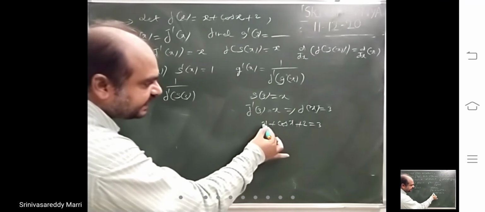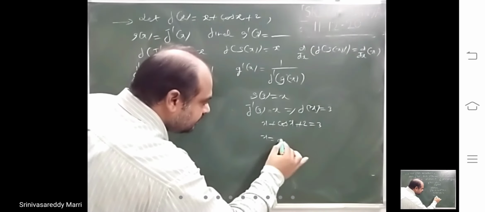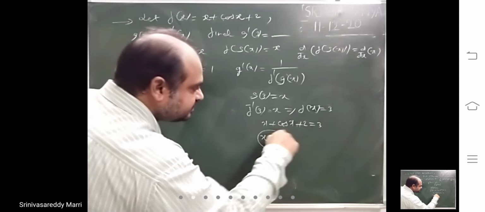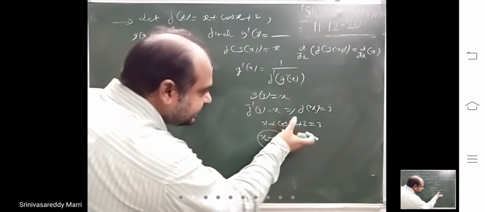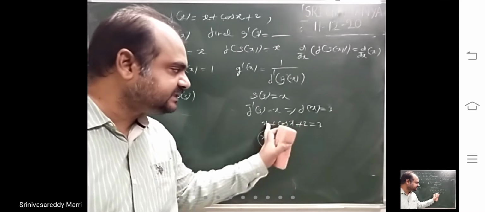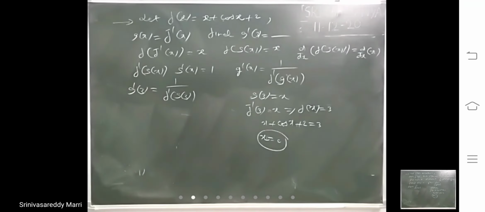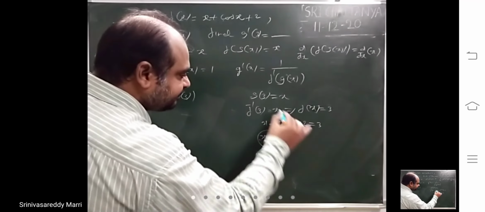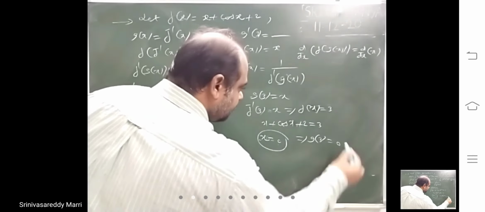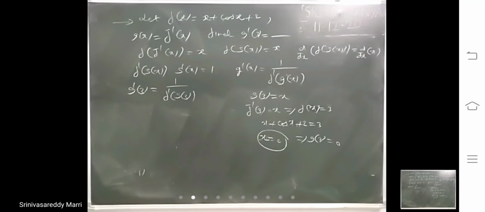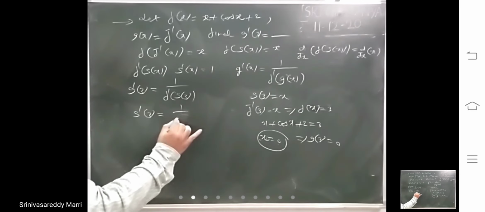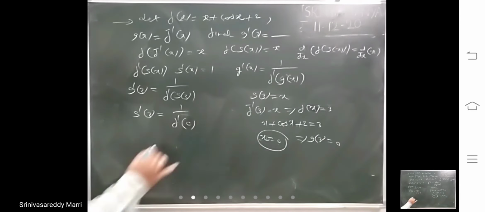What is the x such that this is 3? x equal to 0. Generally, always think about 0. He will give such that at 0 it will become 3, like that. If we substitute x equal to 0 in this equation, what is that? 3. That means x equal to 0 is g of 3. That implies g of 3 is 0. That means our required value is nothing but 1 by f dash 0.